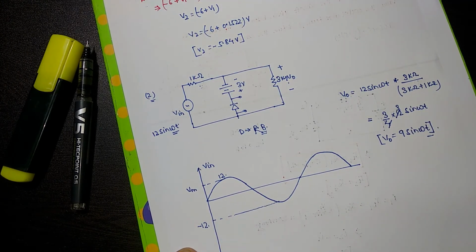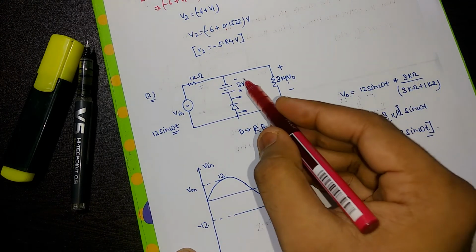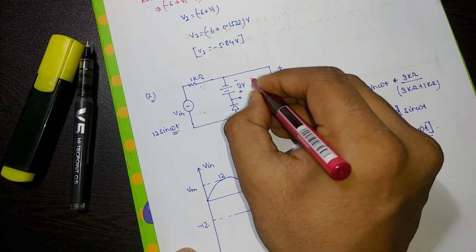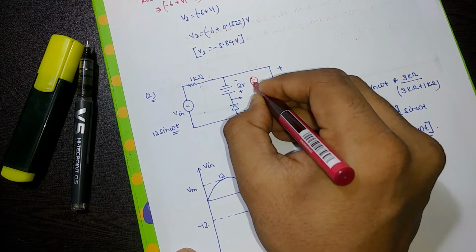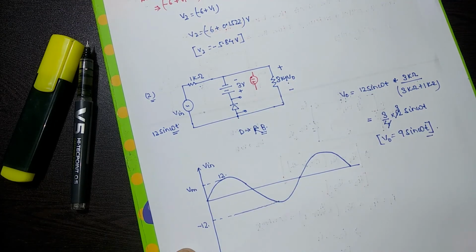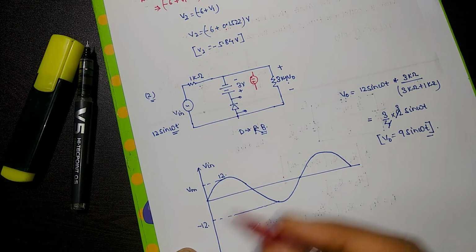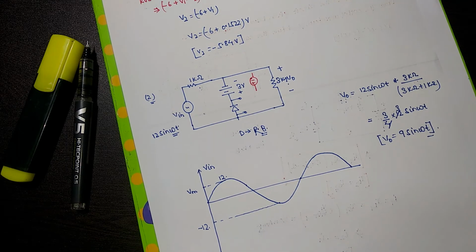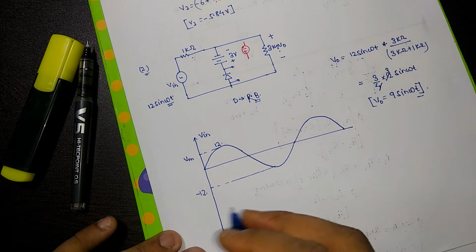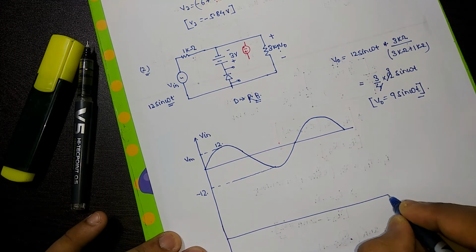There will be an obstruction of -3 volt, as this battery is connected with the polarity minus, plus like this, so it will drop down the voltage up to what extent? Up to the extent of -3. So let me draw the output voltage waveform.